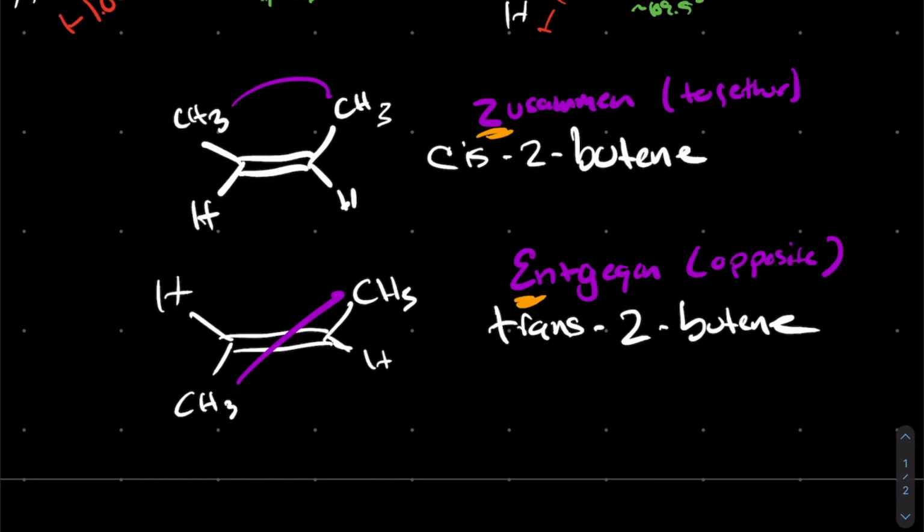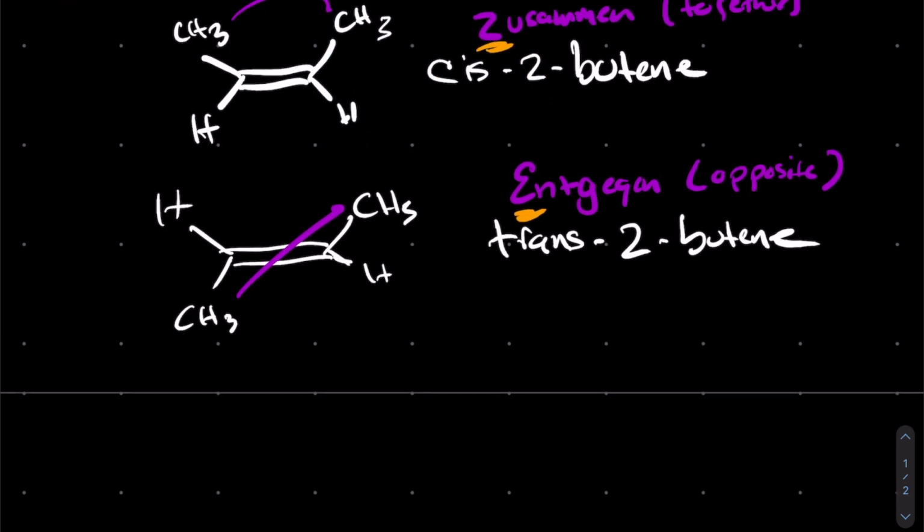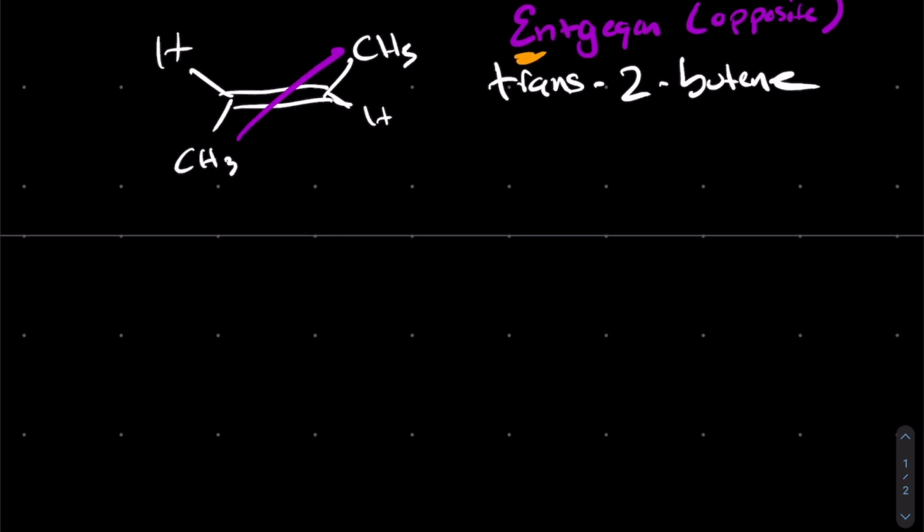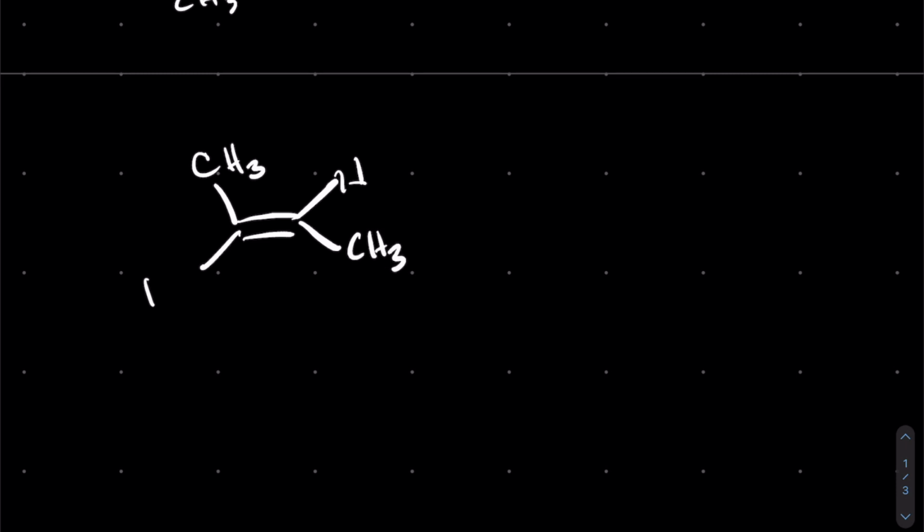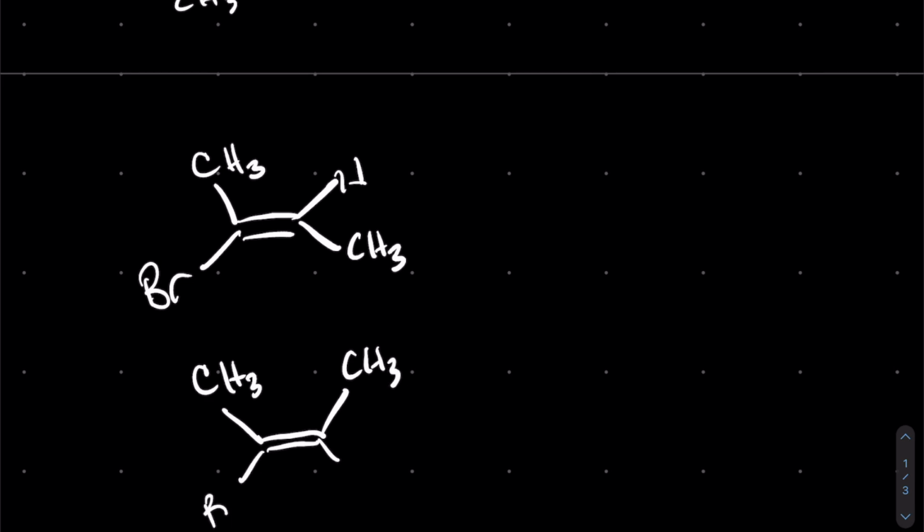Now, this becomes more handy when you have something a bit more complicated in your naming convention. So if you go down here and we say have CH3, CH3, and then we put a BR here, and we compare it to this system, right? CH3, BRH. All right.